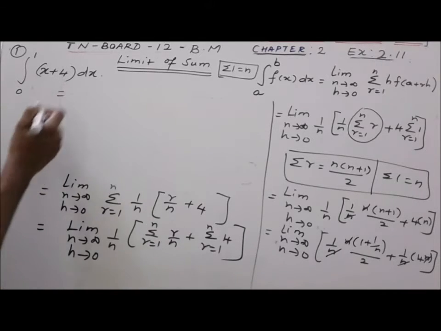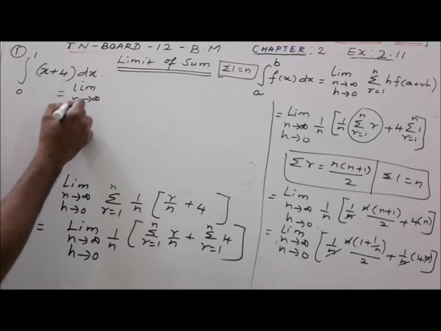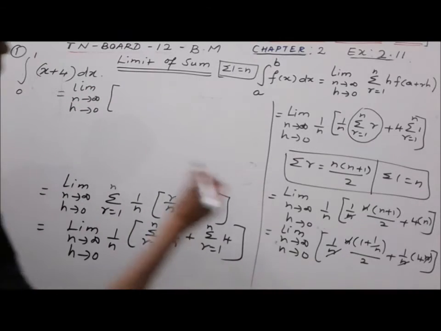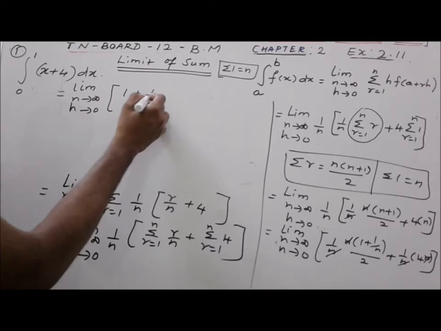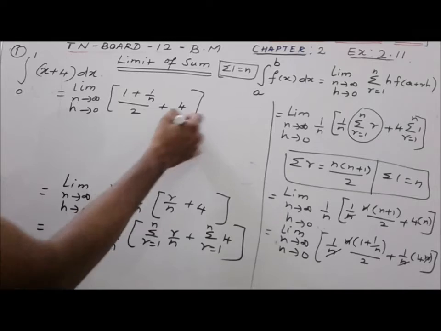which is equal to limit n tend to infinity, h tend to 0, 1 plus 1 by n divided by 2 plus 4.